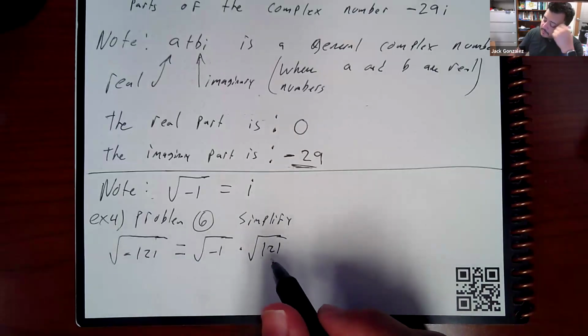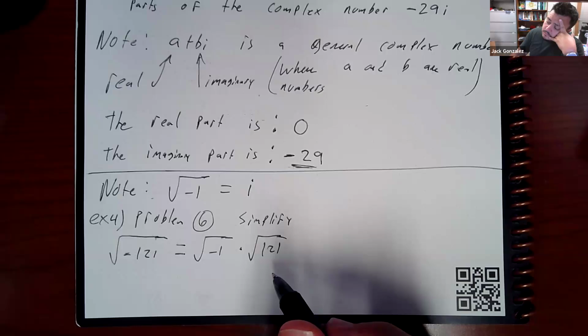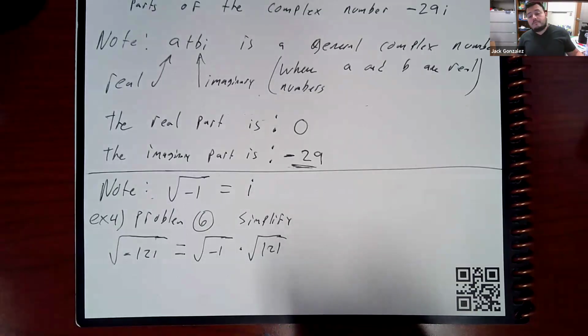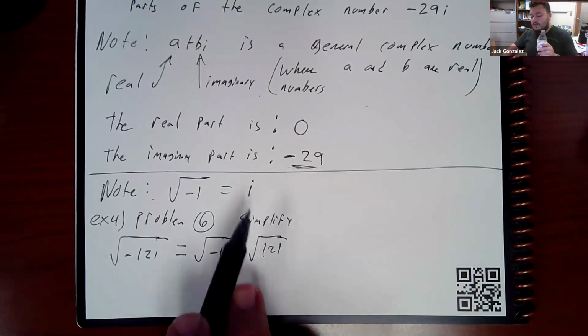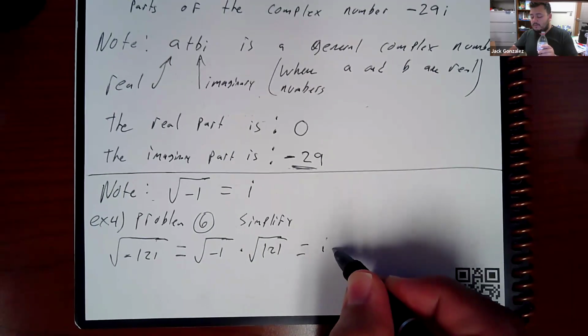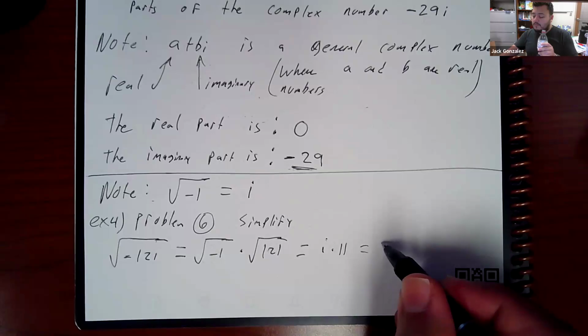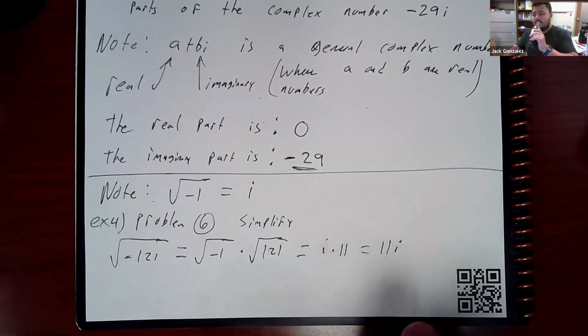So what is the square root of 121? 11. Square root of -1 is going to be i. So this becomes i times 11, which is usually written this way. We always put the i at the end.